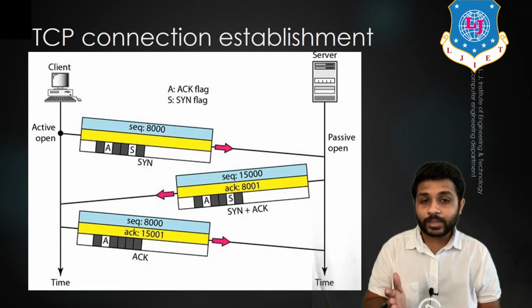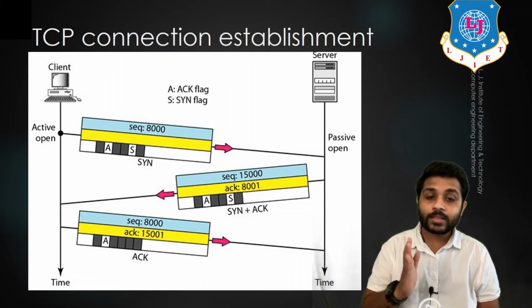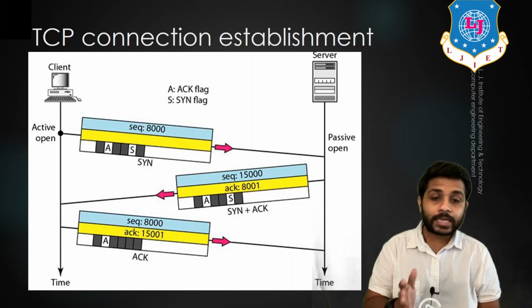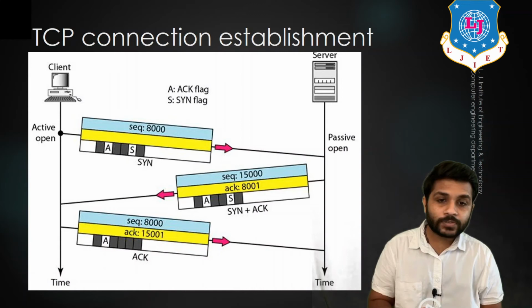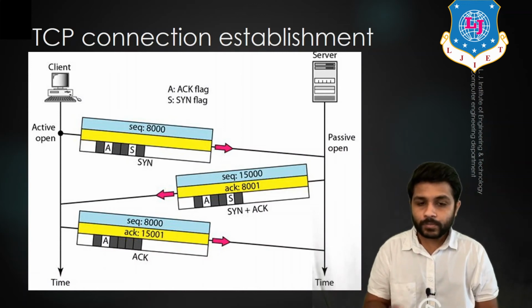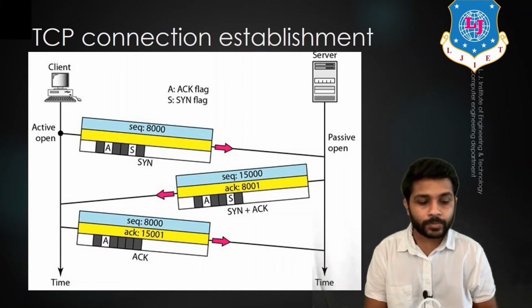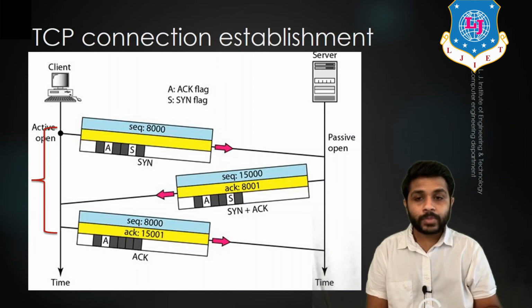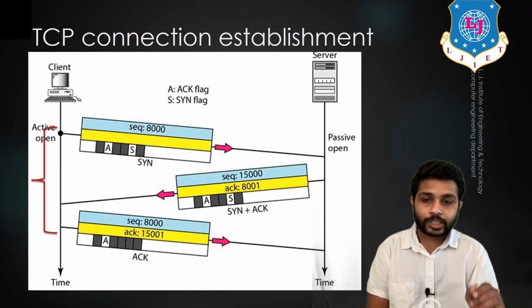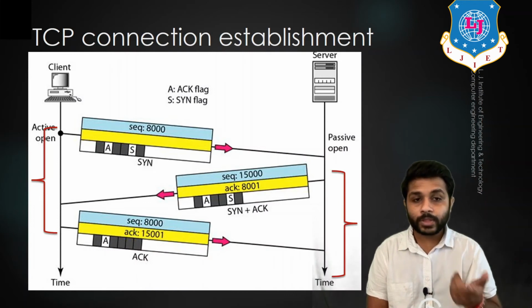After the connection is established, the next phase is data transfer. After the data transfer is done, the last phase is connection termination. In this figure, in the first part the connection is established by the client, and in the second part the connection is established by the server.